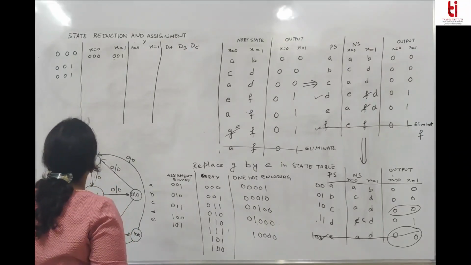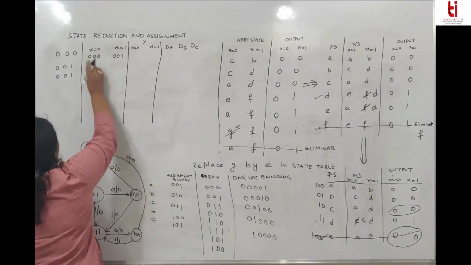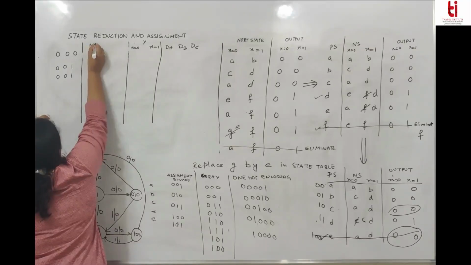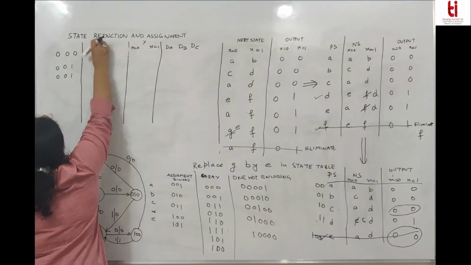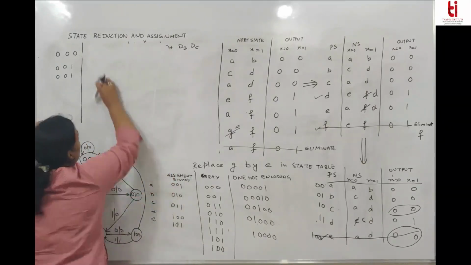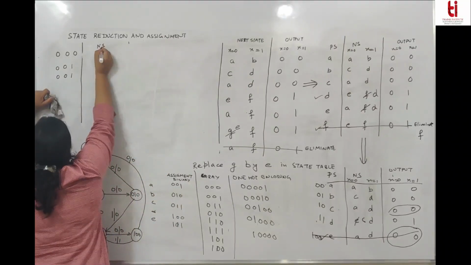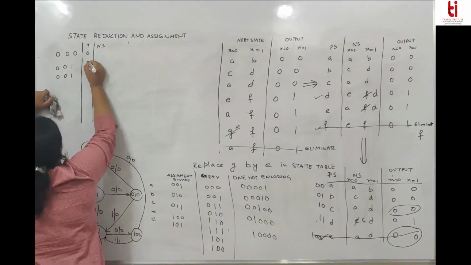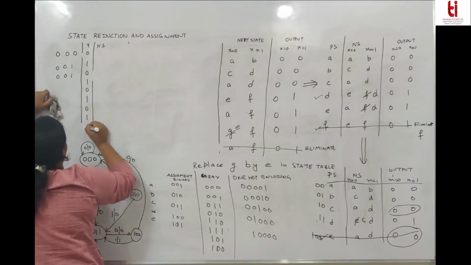I have to give more space to this. It will be next state. Next state for x equal to 0, 1 0 1, like this: 0 1 1 0 1.